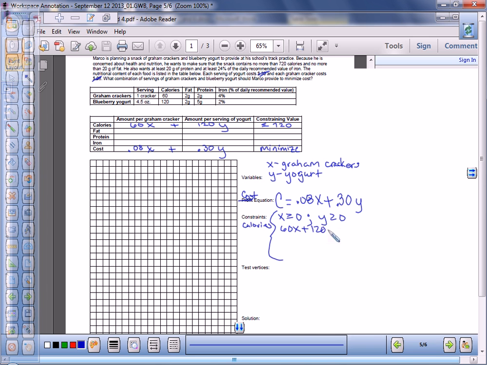Wait, whenever you always do the x is greater than or equal to 0 and y, is that really necessary? Because whenever I do it, I never put that in. Are these necessary? Yes. Otherwise, it will keep going in a negative direction.